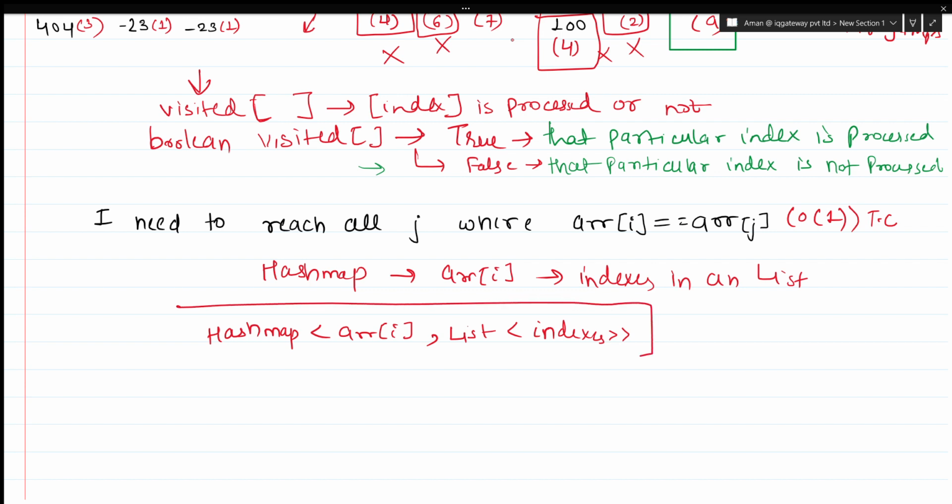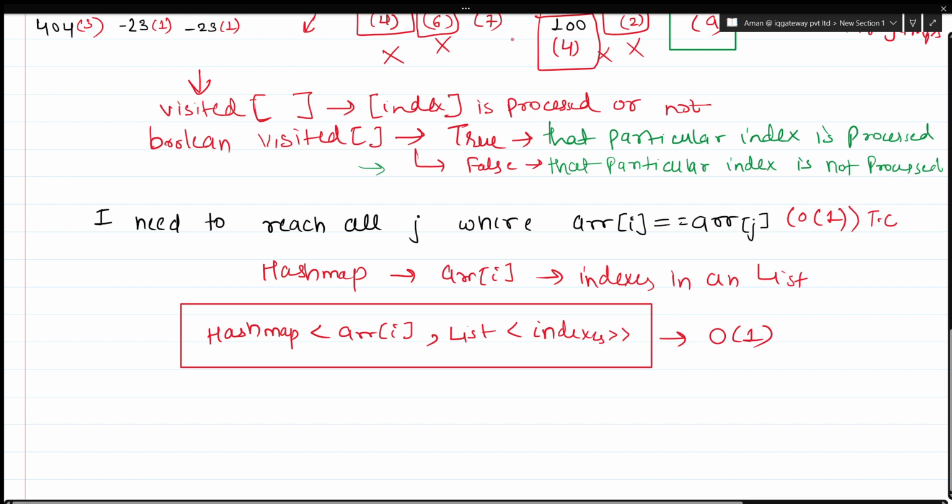If I use this hash map while level order traversal, I can get all the j's where ARR of I equals ARR of j in order of 1 time complexity. Okay, so let's jump to code once so you will get an idea.